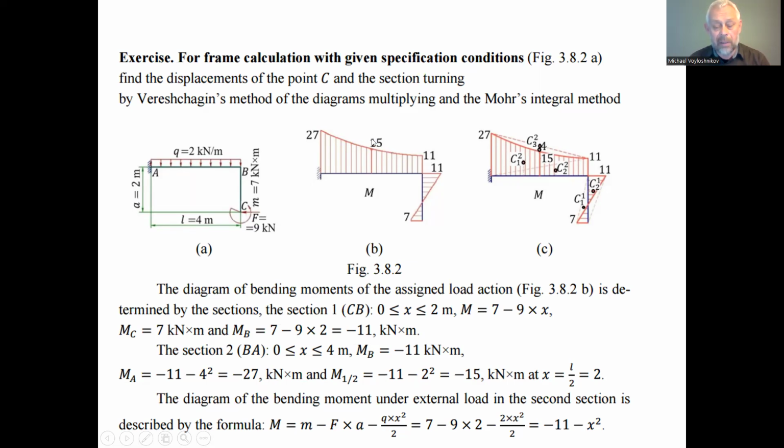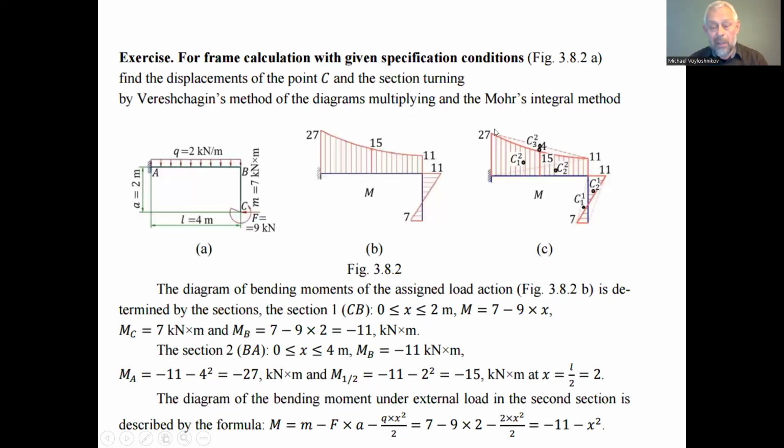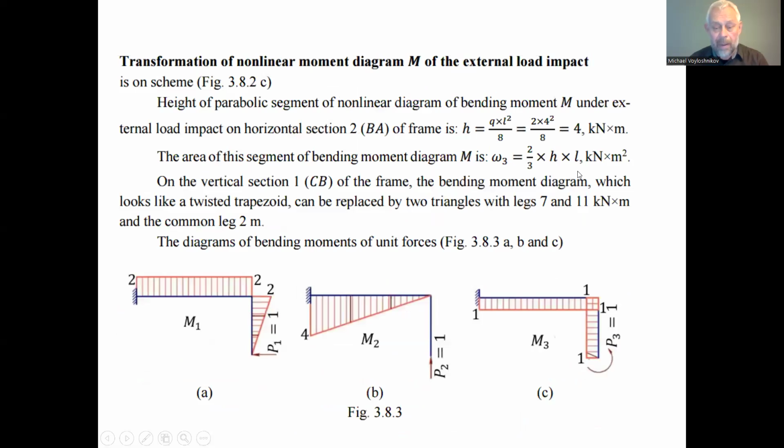On one hand the magnitude of the moment is equal to 15 kilonewton meters, and on the other hand we know that the middle line of the trapezoid would be here 19, so the difference equal to 4 is the h of this very small segment of the parabolic shape relative to the linear trapezoid consisting of two triangular shapes.